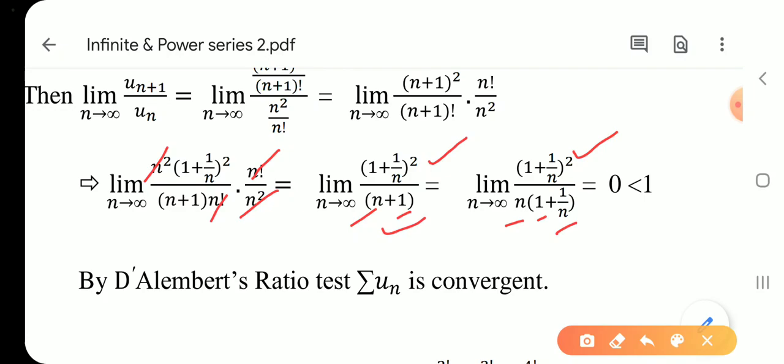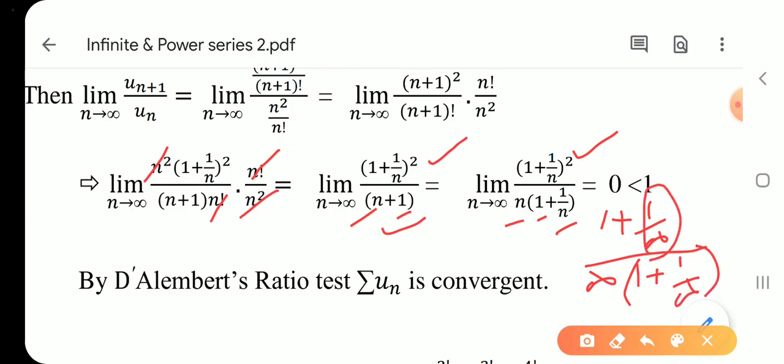Now apply the limit. When you apply the limit, it becomes 1 plus 1 by infinity, divided by infinity, plus 1 by infinity. 1 by infinity is 0. So 1 plus 0 is 1.